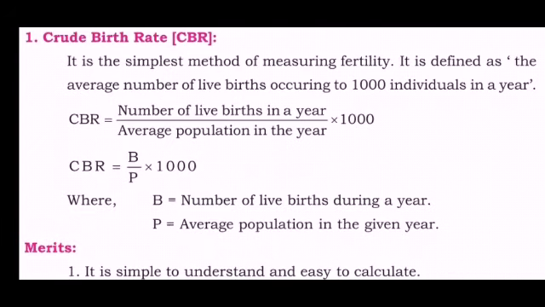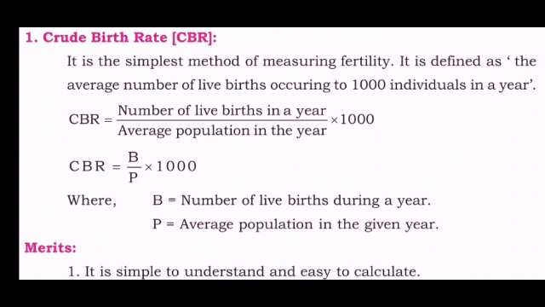Crude birth rate. The term crude indicates raw or kacha, meaning not separated, not segregated. It includes everything, which may be usable or non-usable.